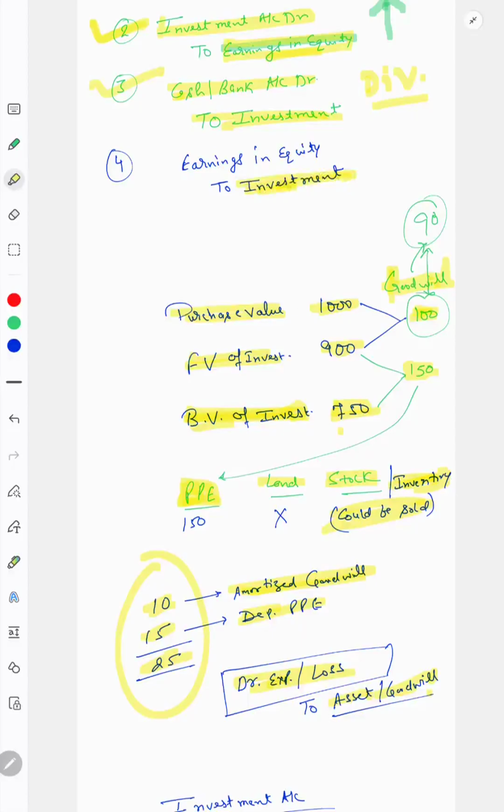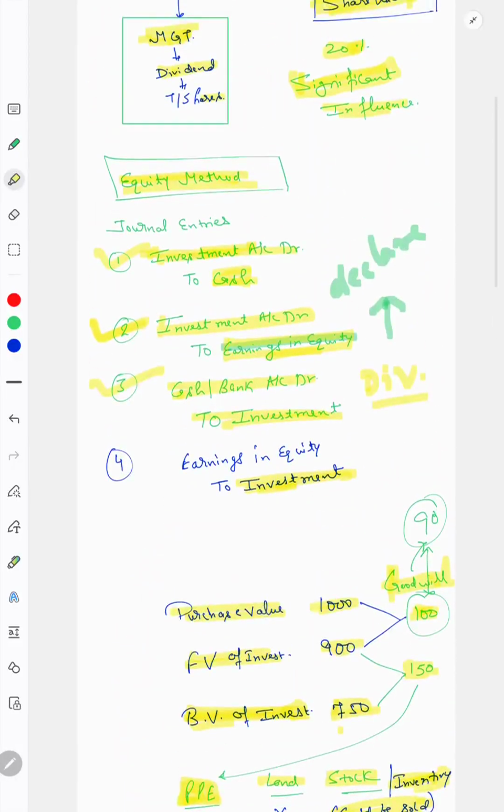Okay, and debit what? Till now we have introduced a new GL for you, earnings and equity. In the second entry, the same way you have to debit the earnings and equity in the fourth entry. This is for the amortization or depreciation.